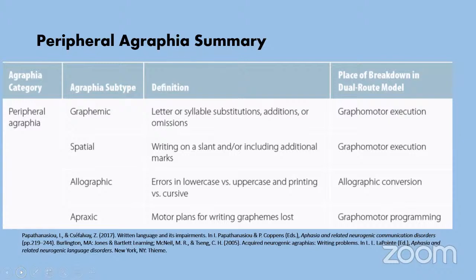The graphomotor execution defect is there in the dual route model. Allographic: there are errors in lowercase or uppercase and printing versus cursive. There's an allographic conversion problem. Apraxic: motor plans for writing graphemes are lost, a graphomotor programming problem.